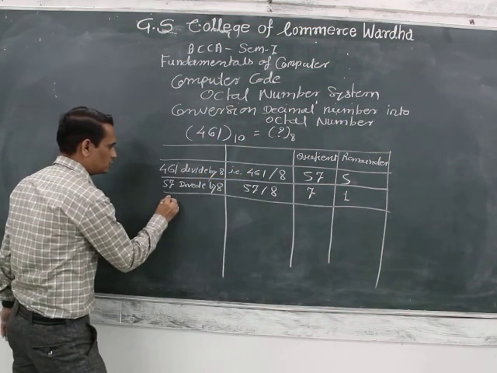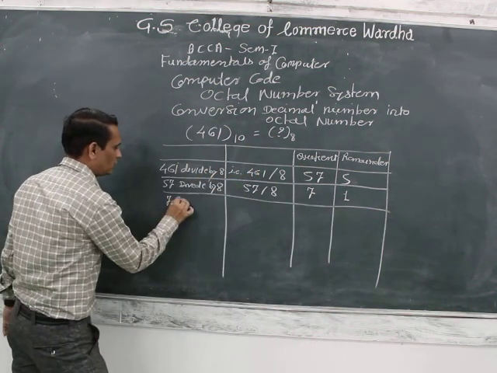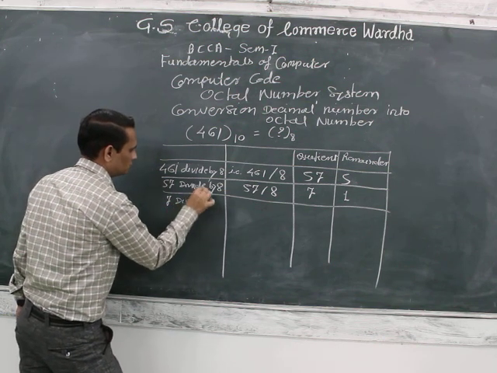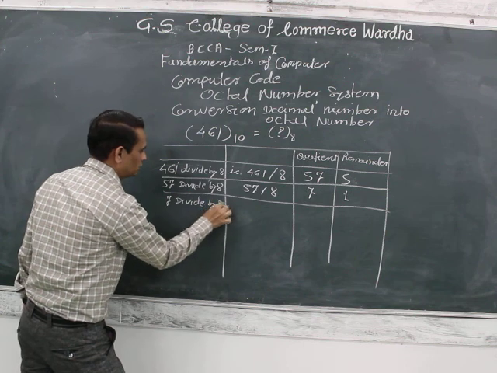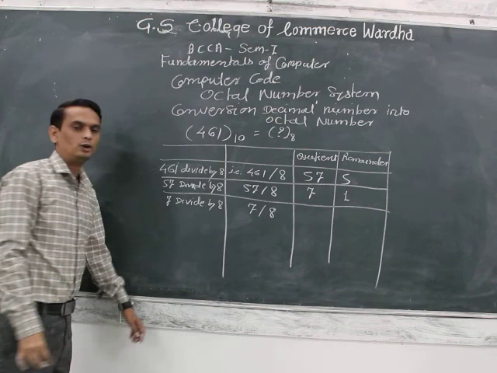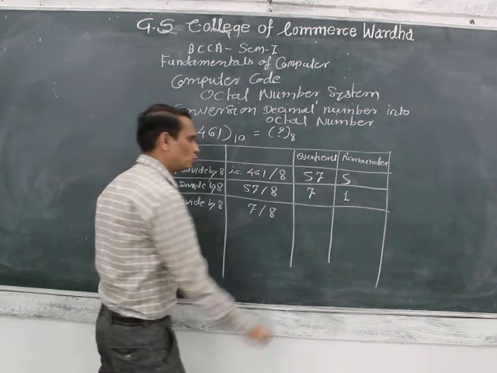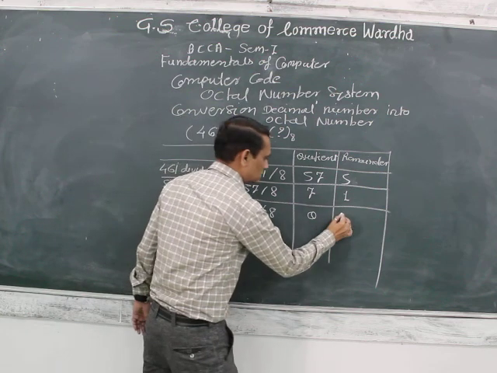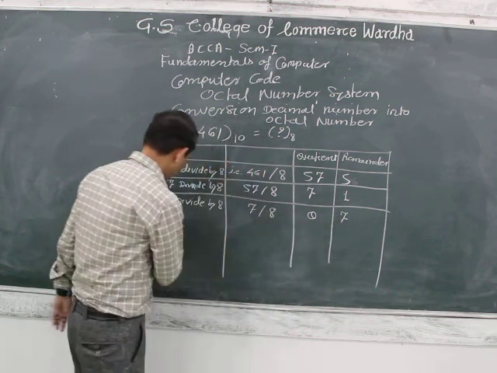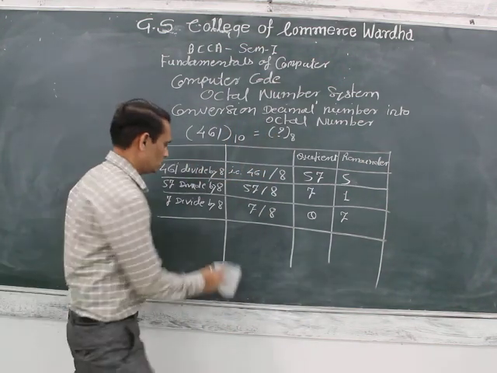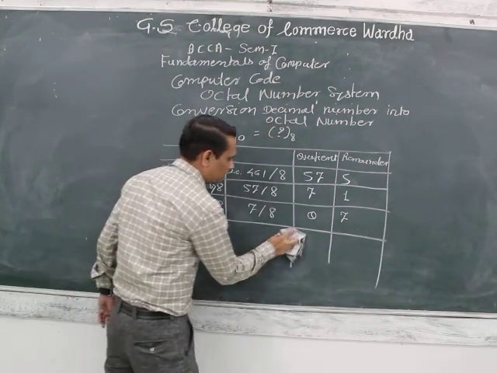We have quotient 7 divide by 8, that is 7 divided by 8. 7 cannot be divided by 8, so the quotient is 0 and the remainder is 7. Here we get the quotient value 0 and 0 cannot be divided by any number.